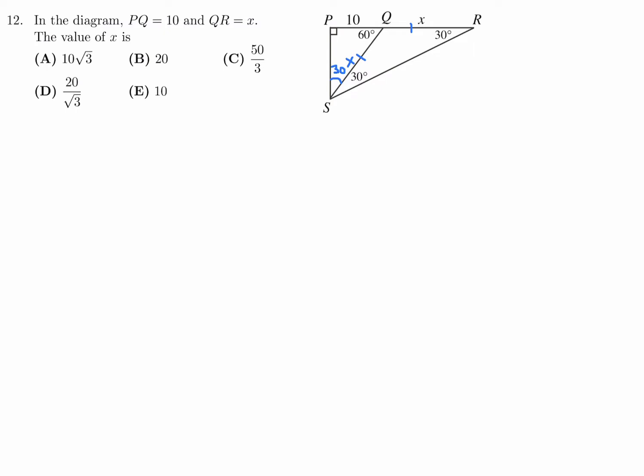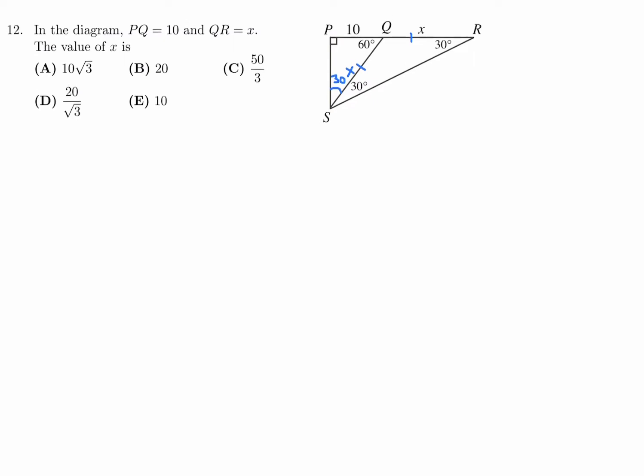The side opposite 30 degrees is 1. The side opposite 60 degrees is root 3. And the side opposite the 90 is 2. That is the ratio of the sides, not necessarily the length.